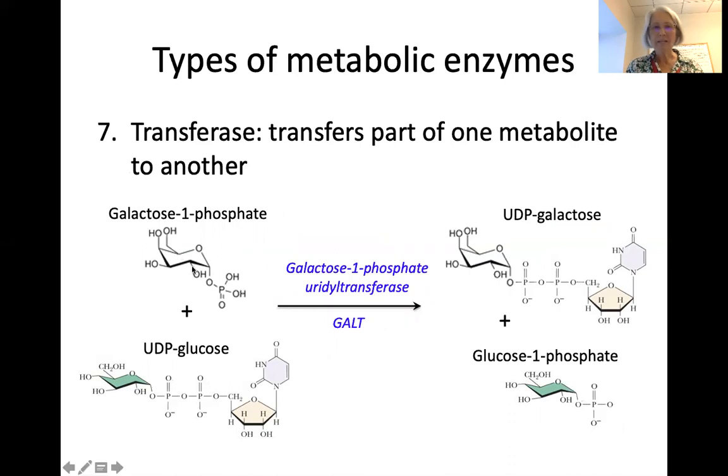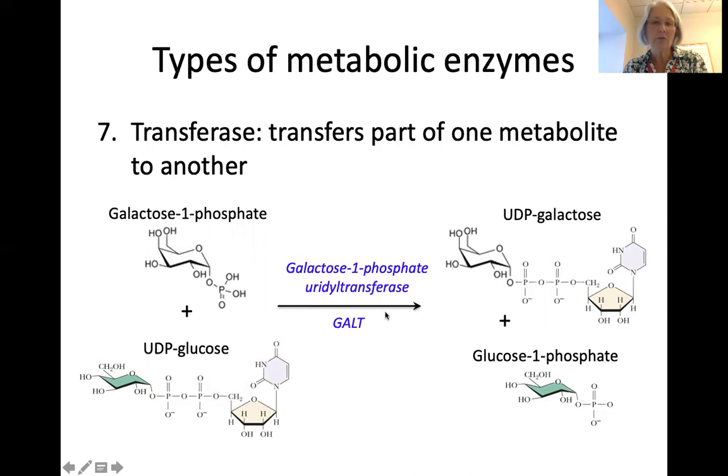This enzyme takes galactose 1-phosphate, the phosphorylated form of galactose, and transfers on uridine, the uridine monophosphate here, to make UDP galactose and releases glucose 1-phosphate. UDP galactose can now be converted to UDP glucose and further metabolized.